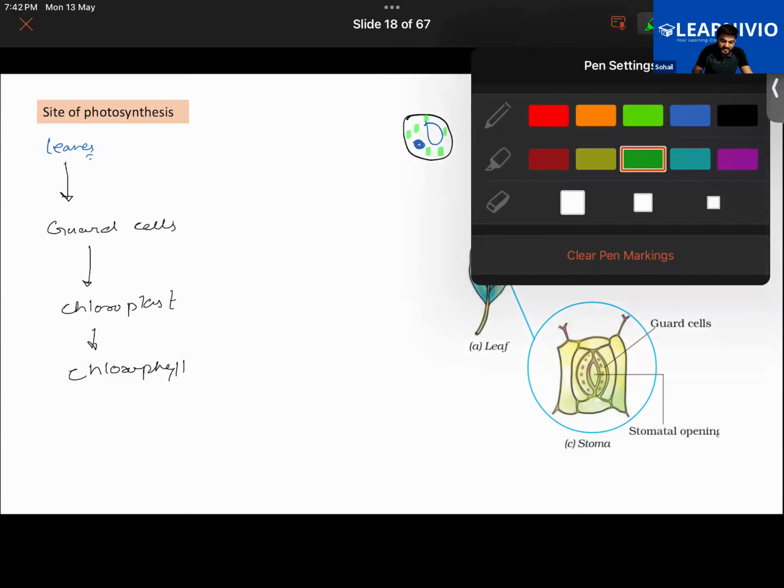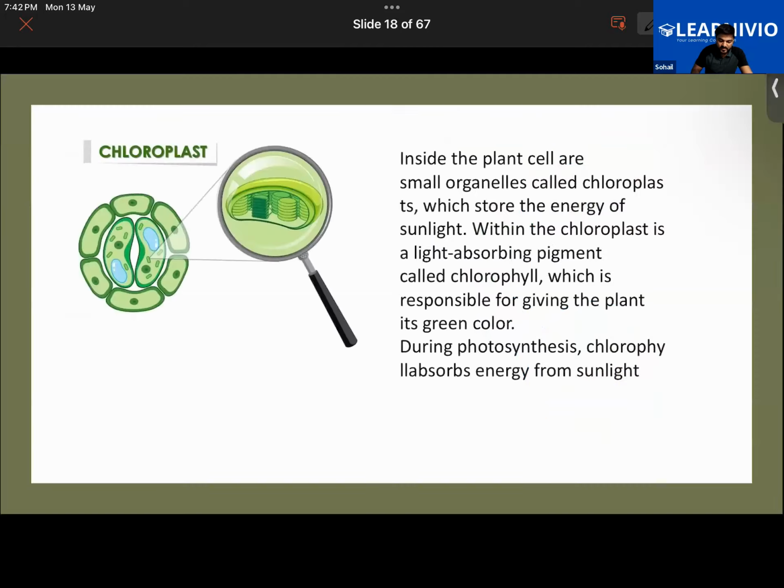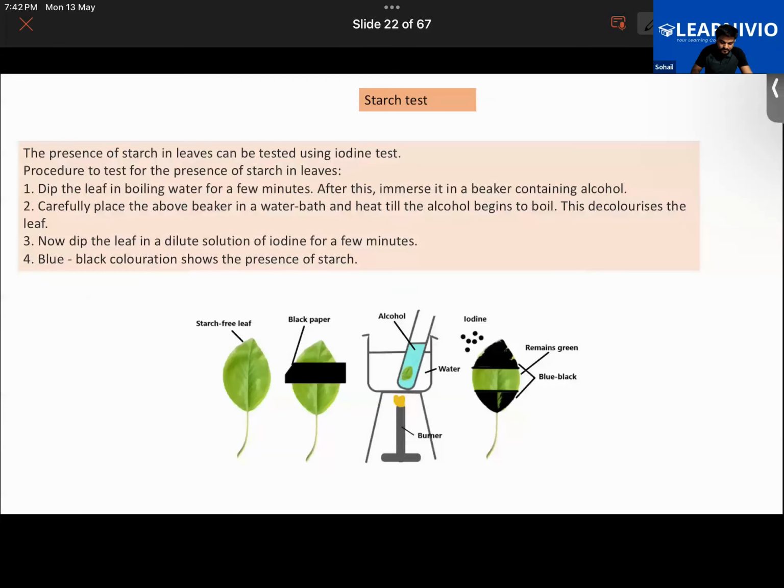Those green structures are called chloroplasts. And inside the chloroplast, you have chlorophyll. So I hope you are able to grasp this concept.